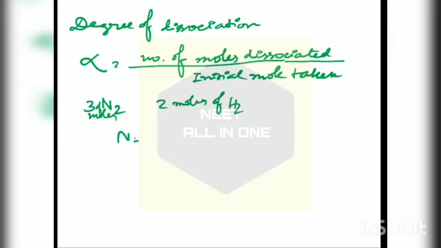So what happens if we write this? 3 moles are taken, 2 moles are taken, but NH3 is 0, because at the initial position, the NH3 is not there, since nitrogen and hydrogen haven't started reacting yet. So the initial mole of NH3 is taken as 0.